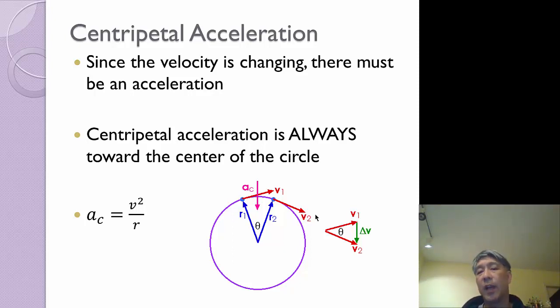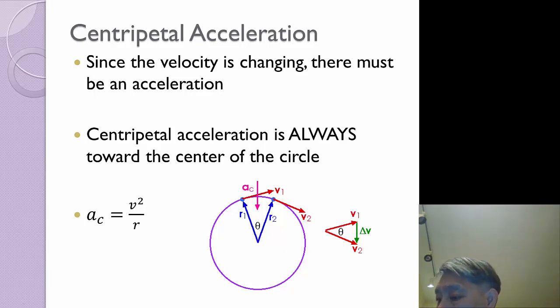And the direction of that is going to be pointing directly towards the center of the circle from wherever the object happens to be. If I happen to be over here, directly towards the center of the circle is that direction. Or over here, it would be in that direction. On the bottom, right there. So it always points towards the center of the circle.